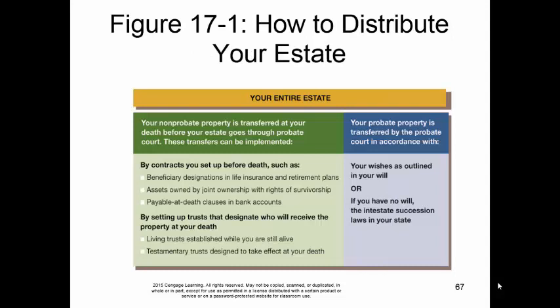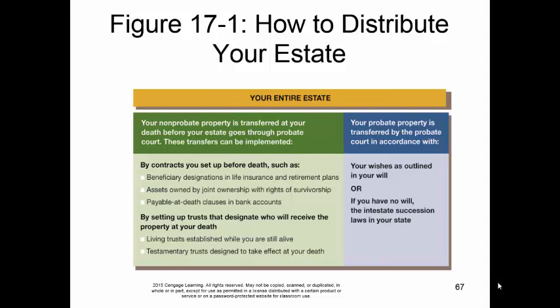Figure 17.1 shows how to distribute your estate. The left side is your non-probate property. It is transferred at death, before your estate goes through probate court. You implement these steps: you set up contracts prior to your death.